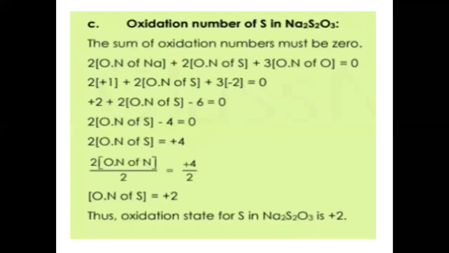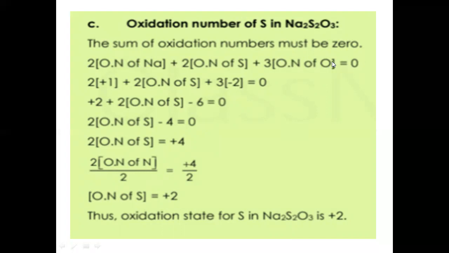Third part is oxidation number of sulfur in sodium thiosulfide, sodium thiosulfate, sulfide, sorry. Na2S2O3 is sodium thiosulfate and this is sodium thiosulfide. The sum of oxidation number must be 0 and we have 2 sodium, so 2 into oxidation number of sodium, 2 into oxidation state of sulfur, and 3 into oxidation number of oxygen.